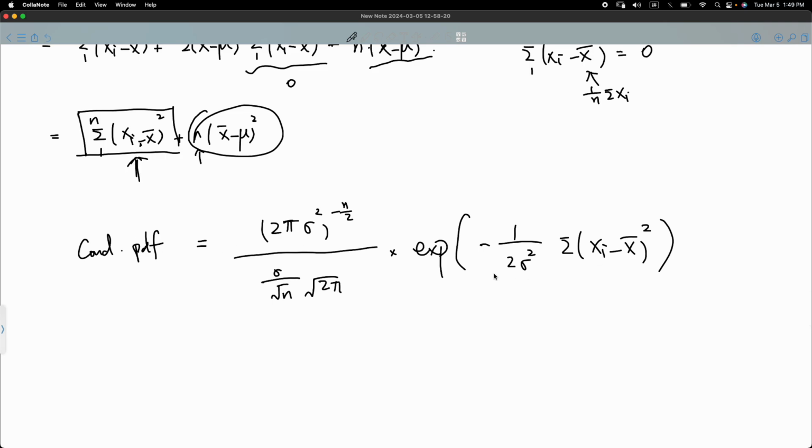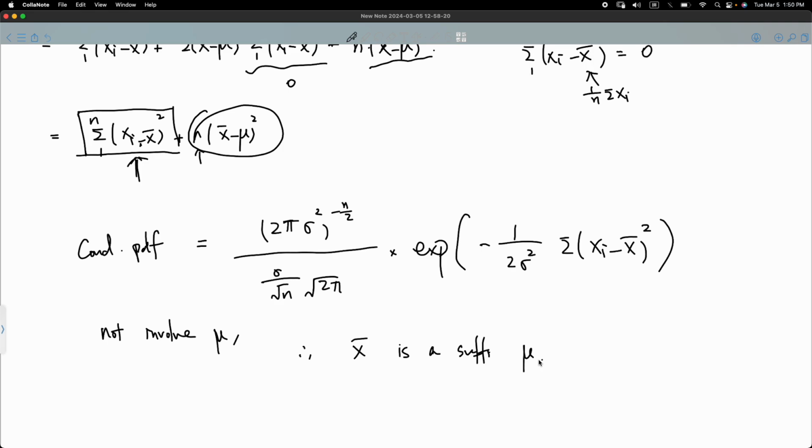And in the end, the conditional PDF does not involve mu. Okay, so just by looking at this, there's no mu showing up anymore. And then we can conclude that x bar is a sufficient statistic for mu. Okay, yeah, so that should be our conclusion, or that should solve 5A.